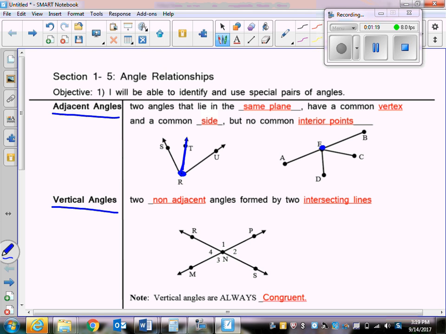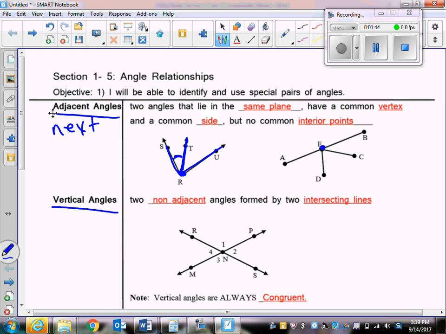In this case, angle SRT is adjacent to TRU. The common side is going to be RT. If a building is adjacent to another, or something is adjacent, it means next to. So this is something you can remember: the definition is next to.